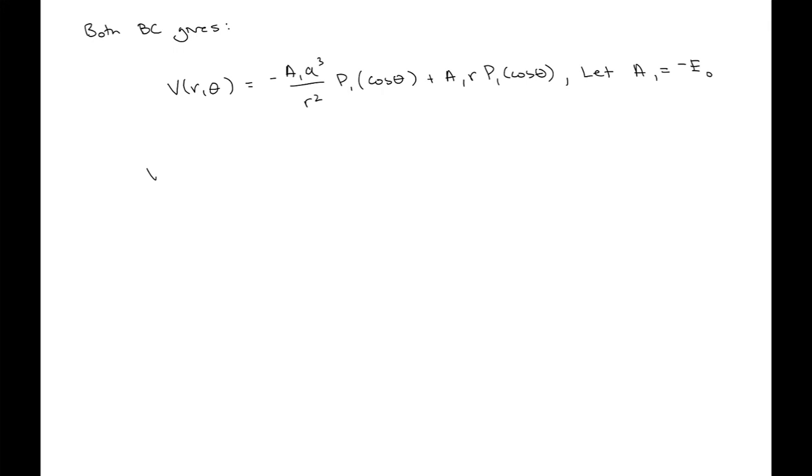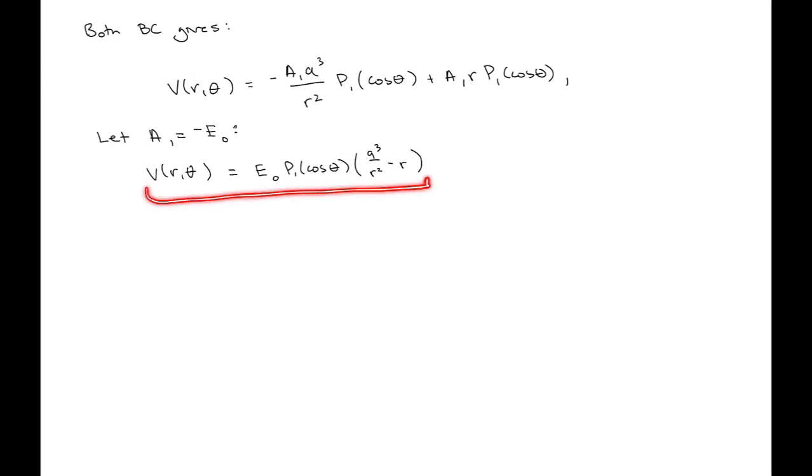When I do that, I can simplify this. I'm going to pull out that common polynomial, and that gives me this for the potential outside the sphere.